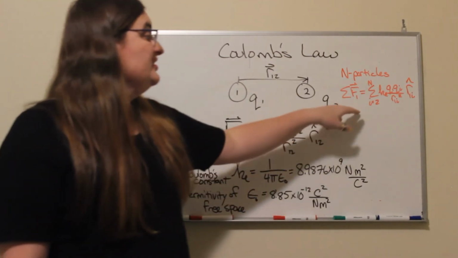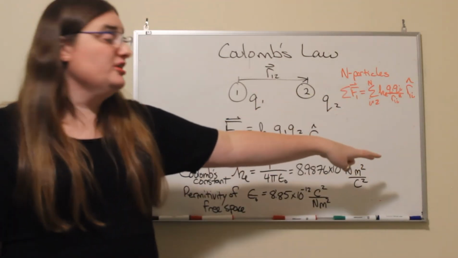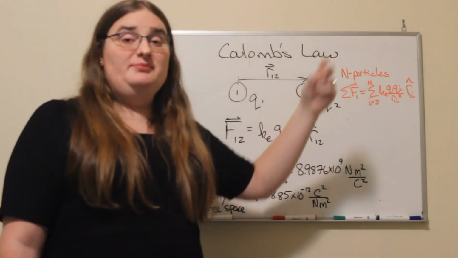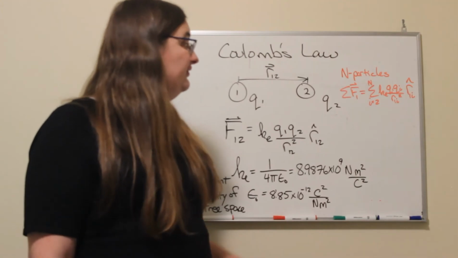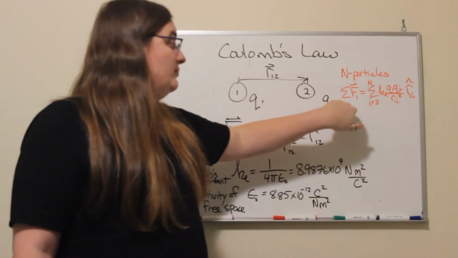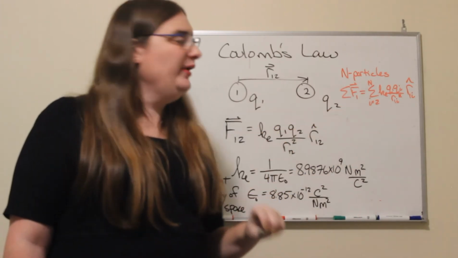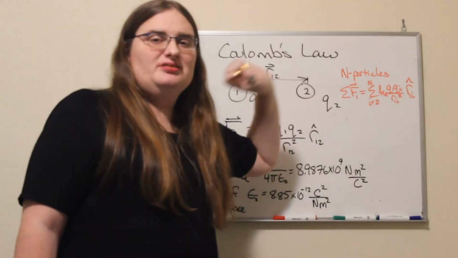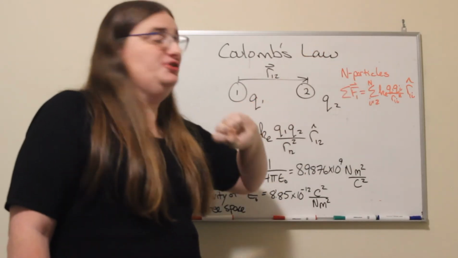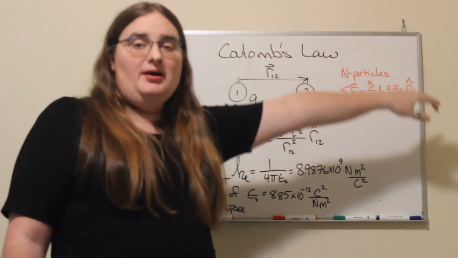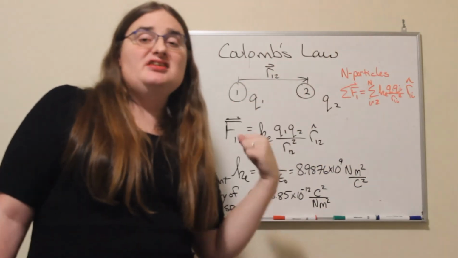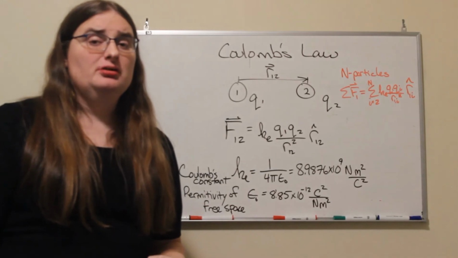So what we would do is take the sum from our second charge to our nth charge of Coulomb's constant times the first charge that we're dealing with times the second charge divided by the distance from our first charge to our second charge squared in the direction from, technically, if we're looking at the force on the first charge, from that second charge through that nth charge acting on our first charge.